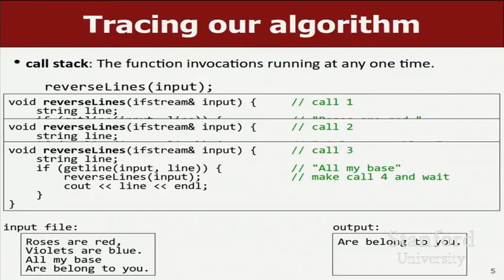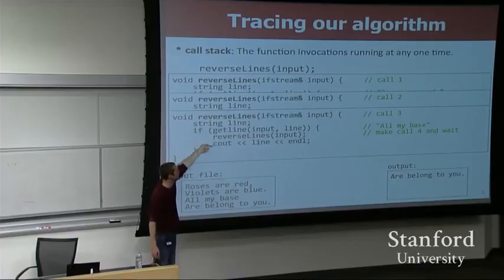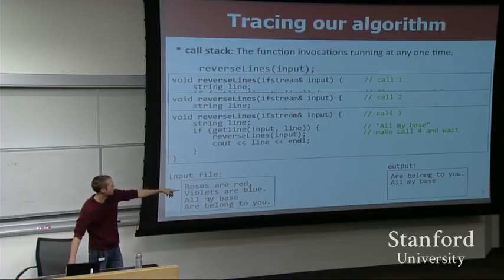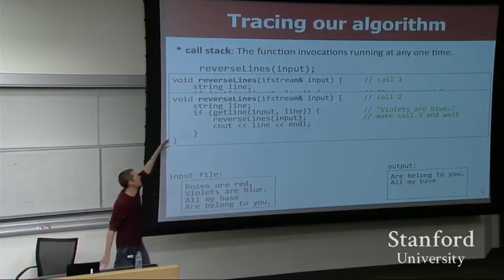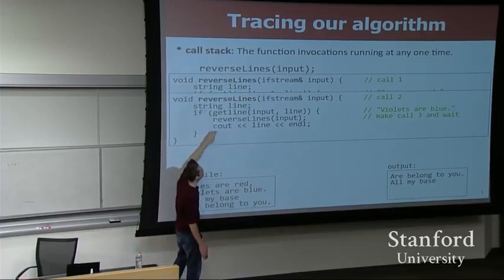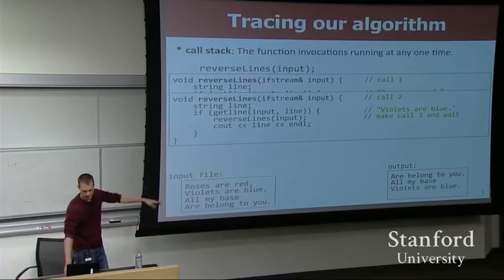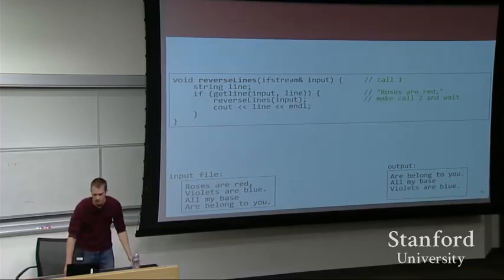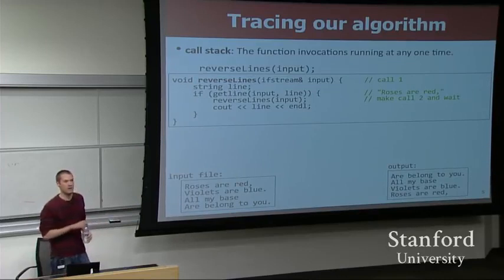He's holding the line of all my base, which he prints. That comes out on the output. Now he's done, so he returns. Comes back to here. This guy's storing violets are blue, which he prints. He returns. You see what I'm saying? This is kind of how it goes. It prints out the lines in backwards order.